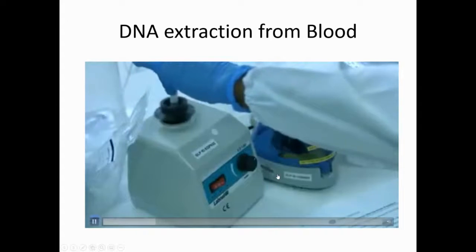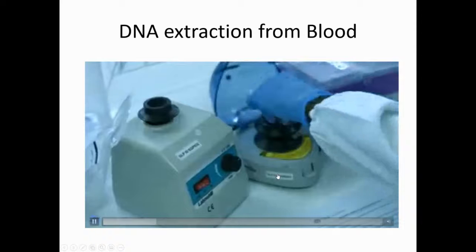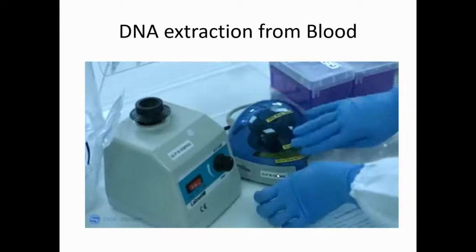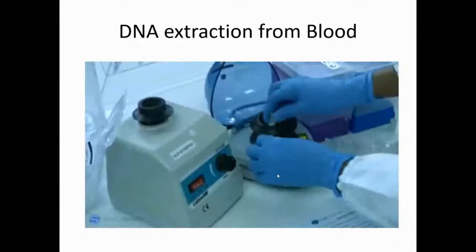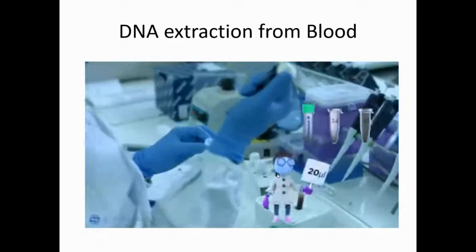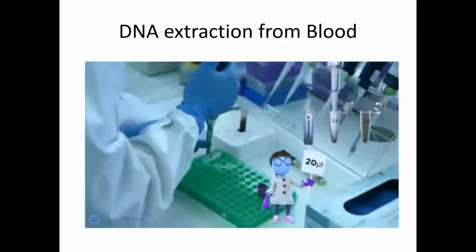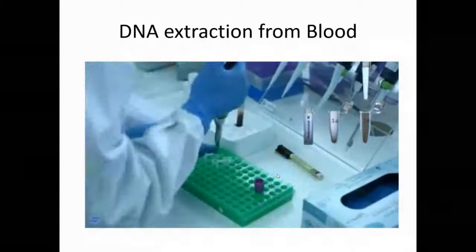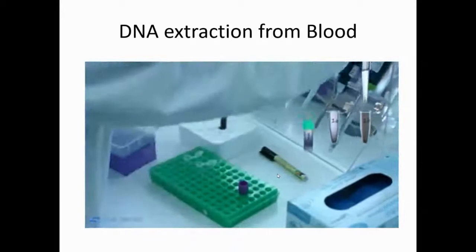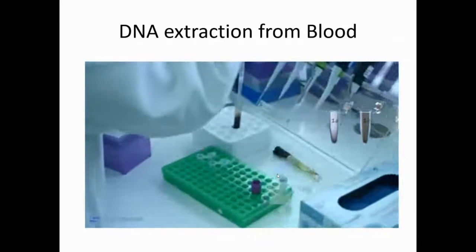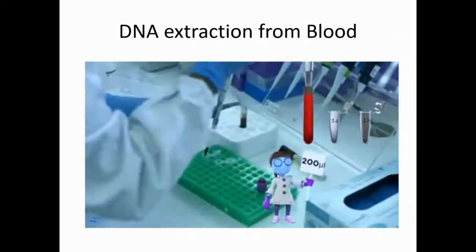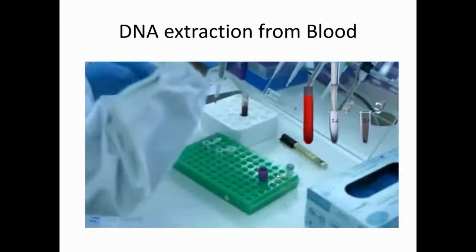Vortex the proteinase K briefly, followed by a quick centrifugation step, approximately 10 seconds. Pipette 20 microliters of proteinase K into each microtube. Pipette 200 microliters of blood into each tube.